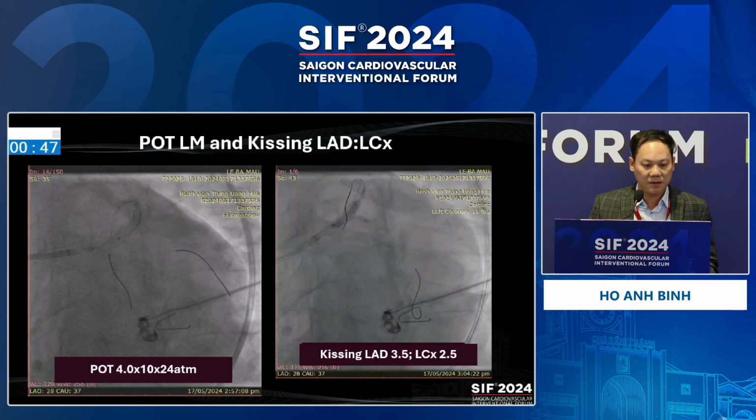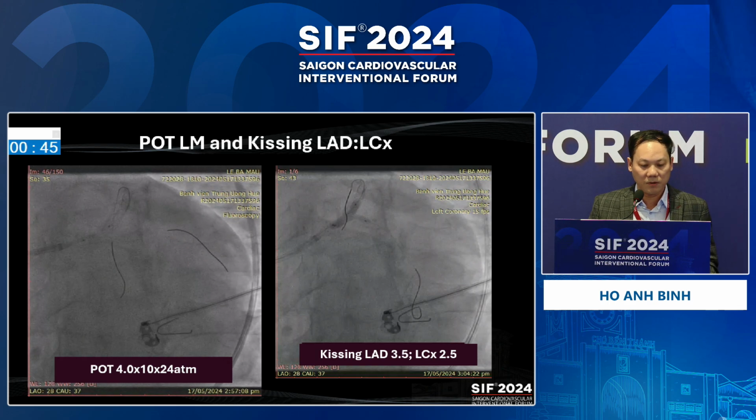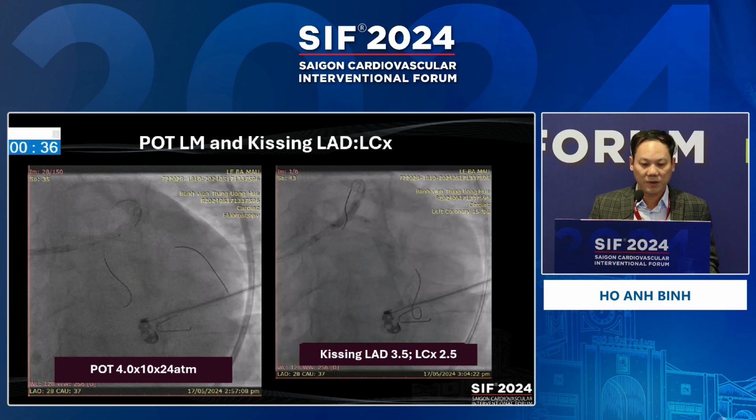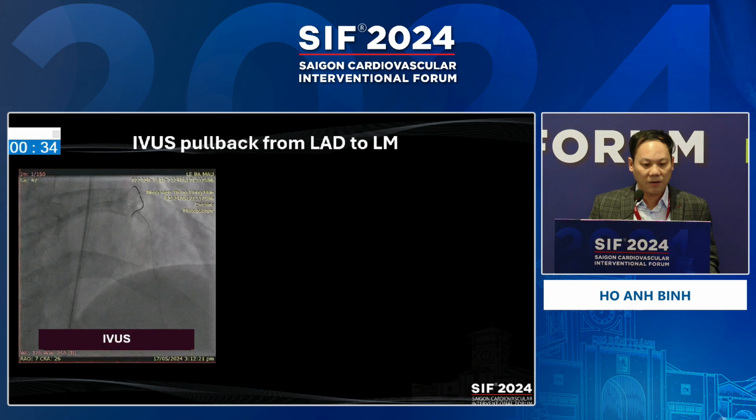And this is the result after we do the POT and kissing of the LAD and circumflex. And we do the inverse pullback from LAD to left main.